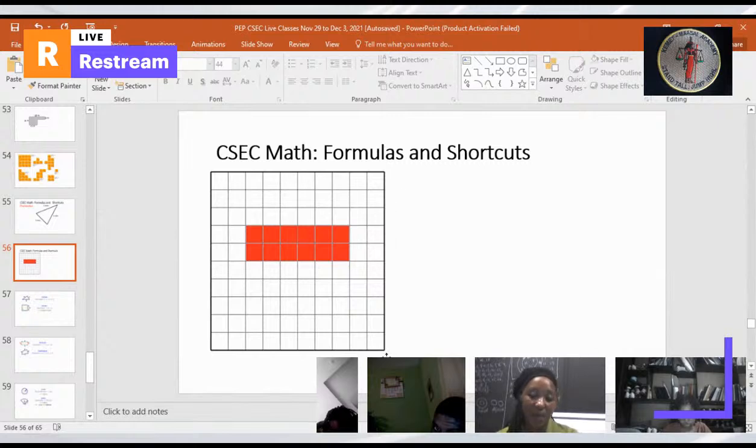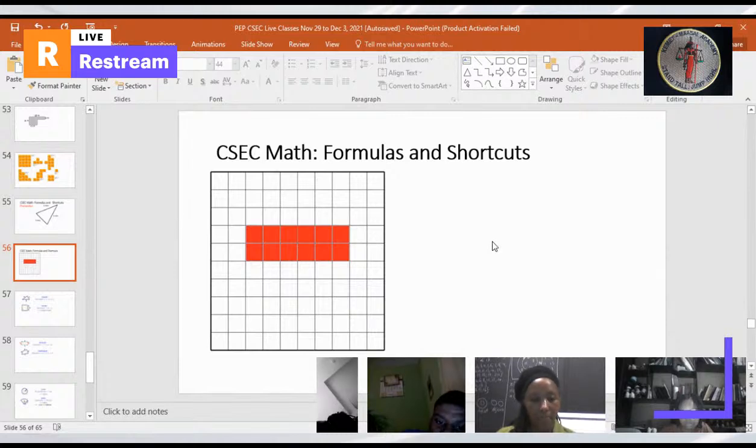But let's say we were asked to find the perimeter of the red rectangle. Then we know we'd have to focus on the red rectangle, right? So what would be the perimeter of the red rectangle? We're not given any centimeters or anything. So when we get our answer, we have to put the word units beside it.